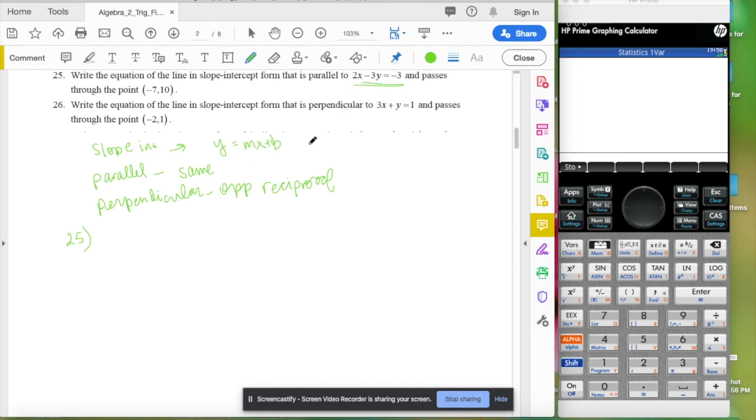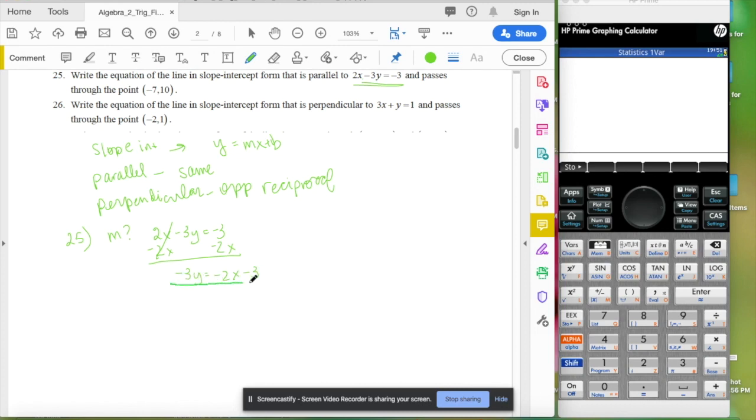Okay, so for 25, we're looking at a slope that is parallel to this line. We need to find the slope of that line, and we can do it by putting it into slope-intercept form. We have 2x minus 3y equals -3. We move the 2x to the other side, and we have -3y equals -2x minus 3.